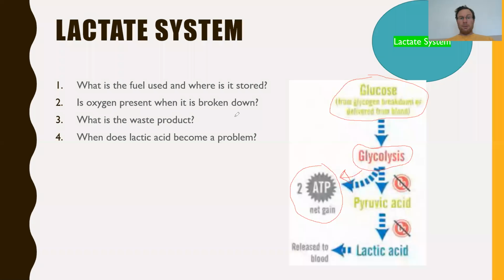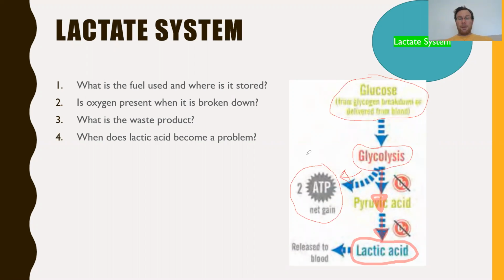What comes out is first this substance called pyruvic acid, and if there's no oxygen present, that pyruvic acid becomes this substance at the bottom, lactic acid. So lactic acid is the stuff you know that will cause your muscles to burn and ache when we're working hard.